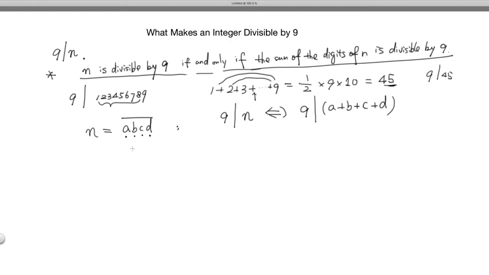The proof is going to be pretty general. If you understand this proof, you can try to write it down for any n with many, many digits; the proof is almost identical.